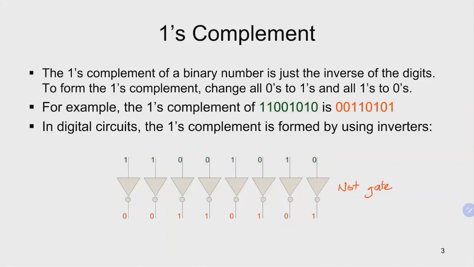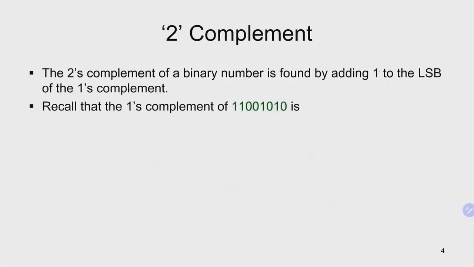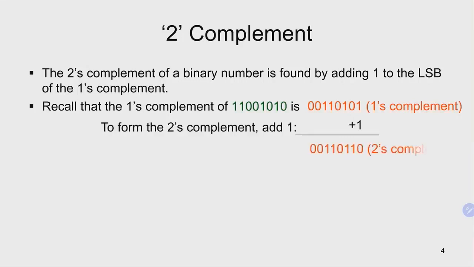So if we feed each of these bit streams through an inverter or NOT gate, we achieve a one's complement. And then to achieve a two's complement, we add 1 to the least significant bit. So from one's complement, you add 1, and therefore you achieve your two's complement.